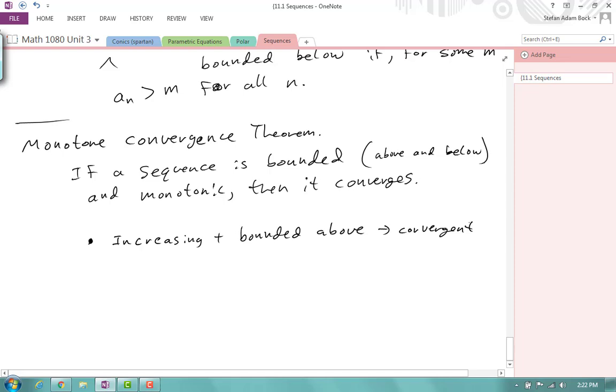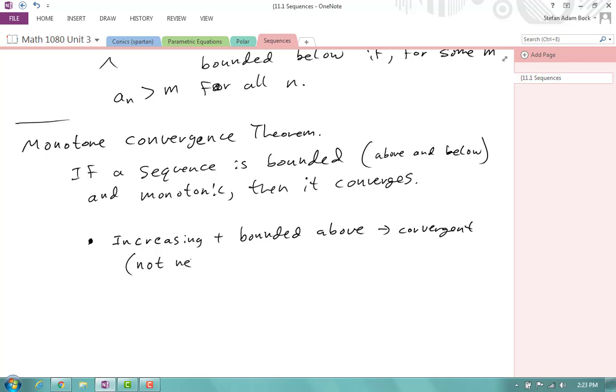Because I'm constantly going up, but I can never reach past a certain ceiling, I must converge somewhere. But this is not necessarily at the bound. I might choose the bound poorly, but I can easily verify, for example, in my sequence above where I used the squeeze theorem, that none of those values goes above 2. That's probably not a very good example because that's not a monotone sequence.